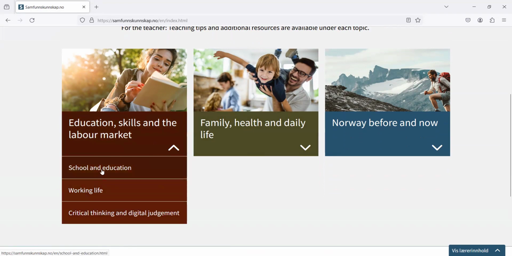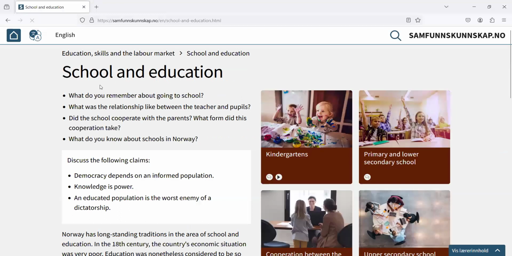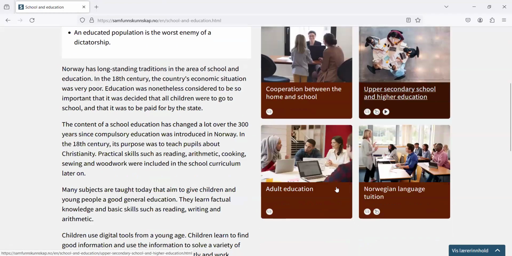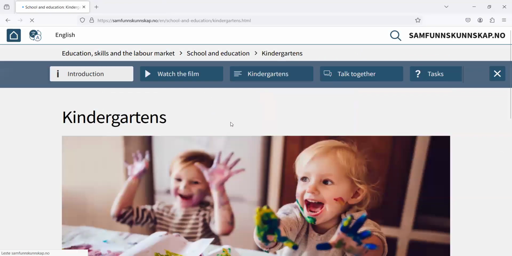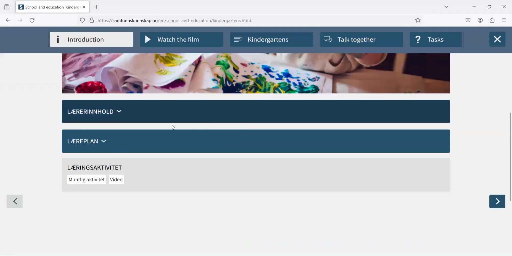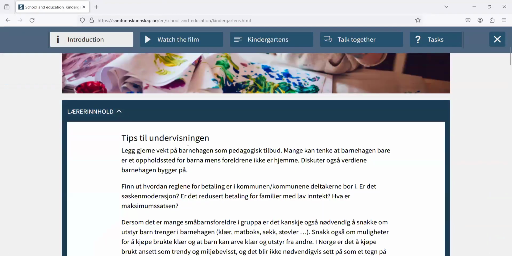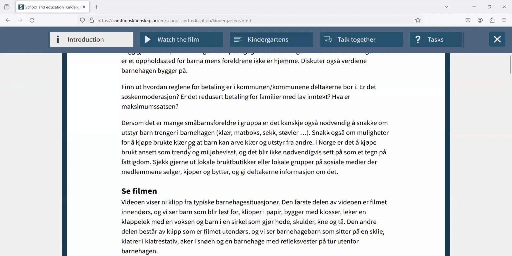If you, for example, open this one, you will just read this one time, but your main focus will be on these six topics. For example, we will start with this, and here you will find brief information.